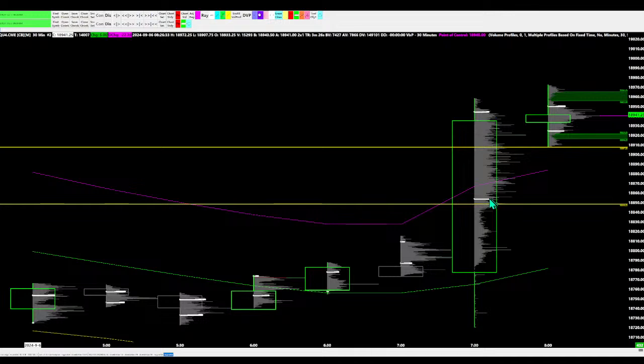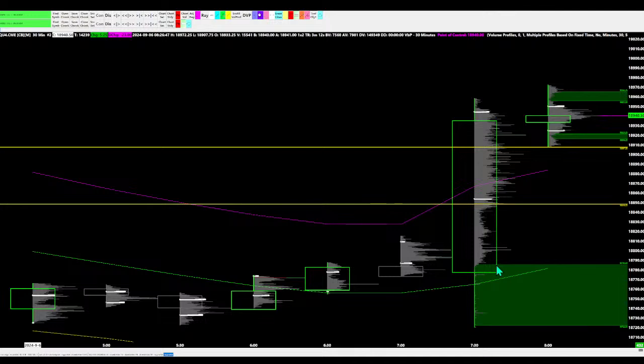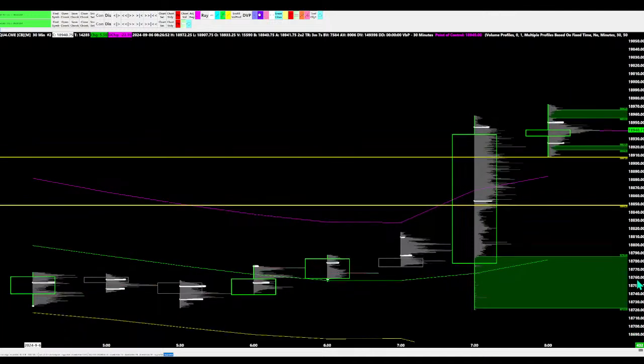So starting down here and below value area low of the econ, I can start to look for responsive buyers. And my best area, although it's massively unauctioned, is 18,785 to 18,722. That's the extent of my analysis.